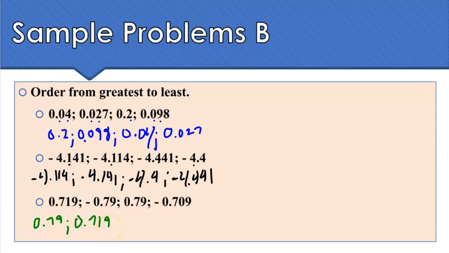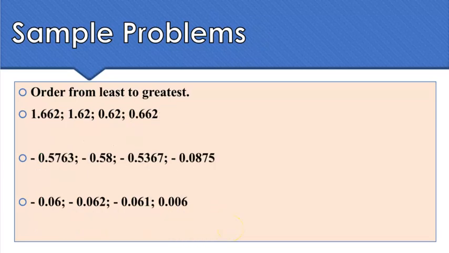And then with our negatives, I have 79 and 70. So the next biggest one would be negative 0.709, because that's further to the right, and that means our smallest number is negative 0.79.